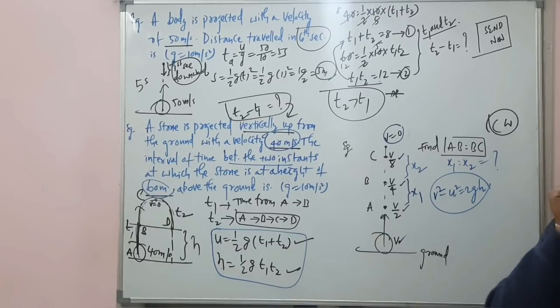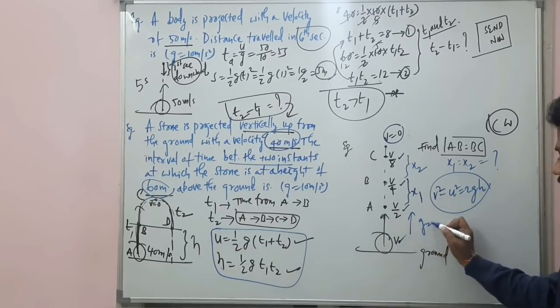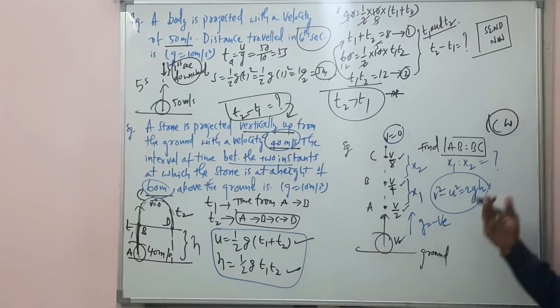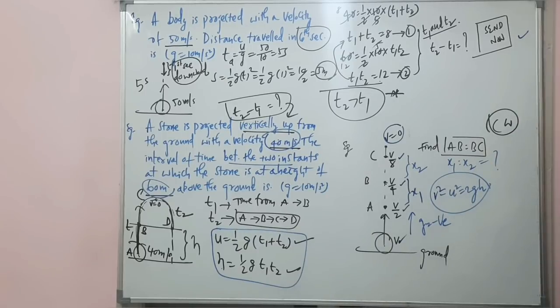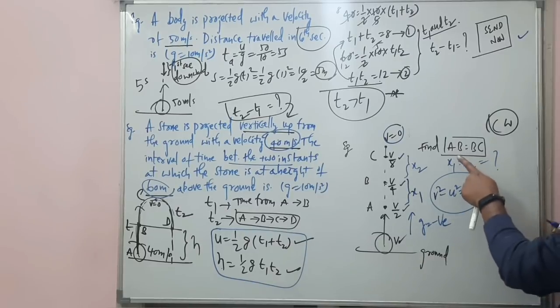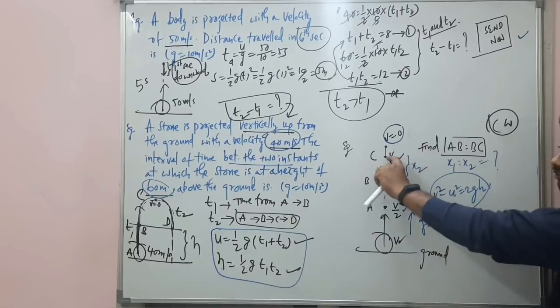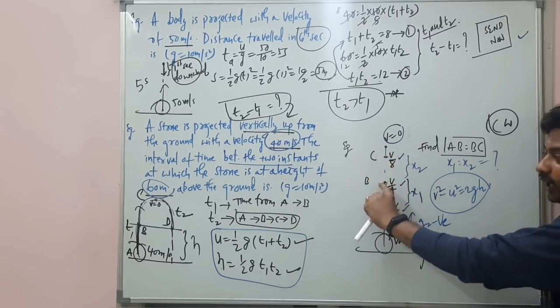And my dear students, do not forget this g. g is negative because the body is moving up. So you get me this answer also now. Sometimes the questions can be asked in this way also: ratio of AB to AC, or ratio of BC to AC, or ratio of BC to AB.